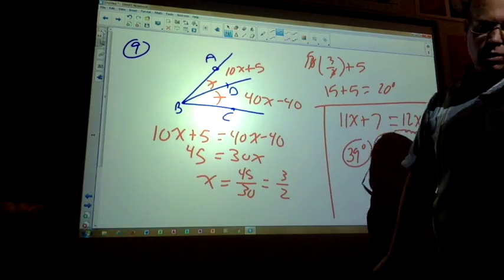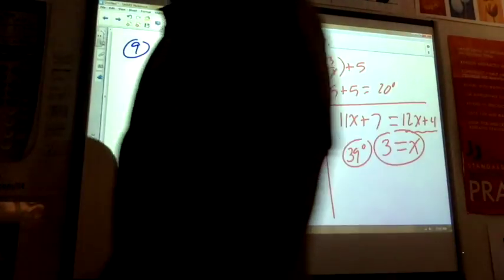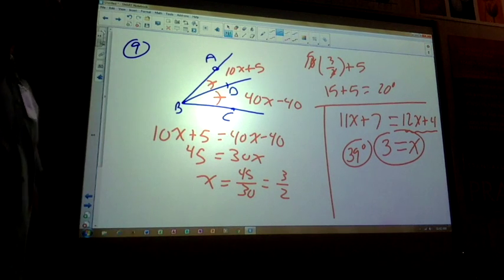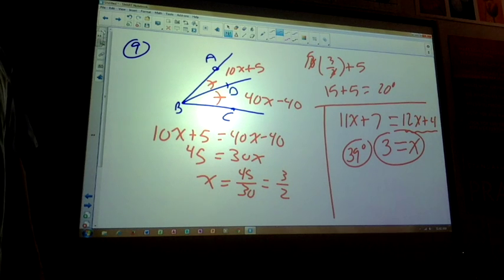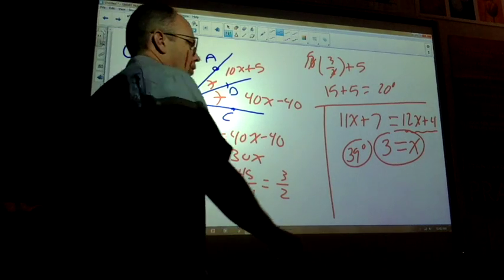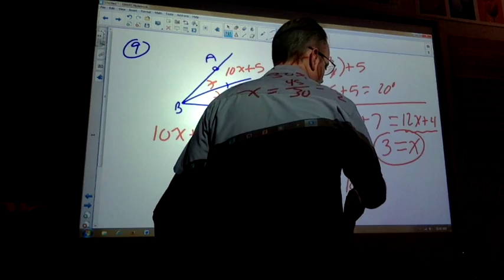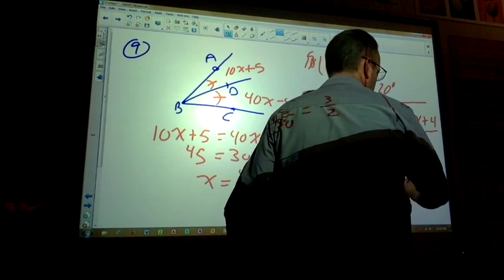So, B. 39 degrees is the whole angle, and then the two half angles are CBD, so I need to do half of that. So half of this is going to be 18.5 degrees, our angle CBD.